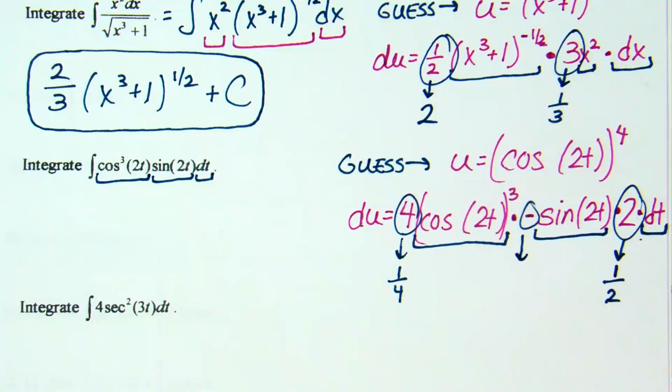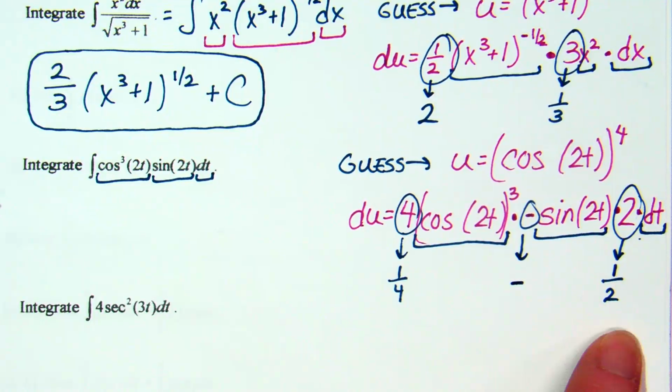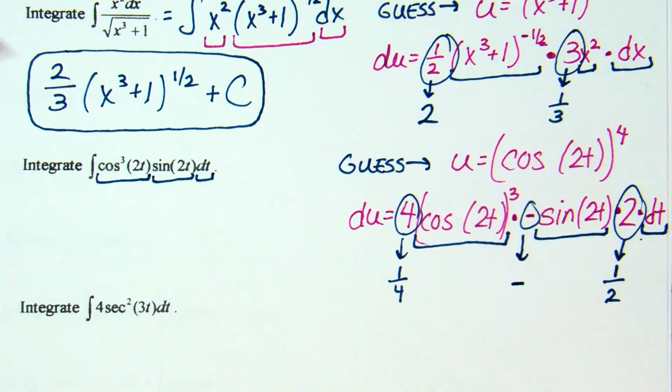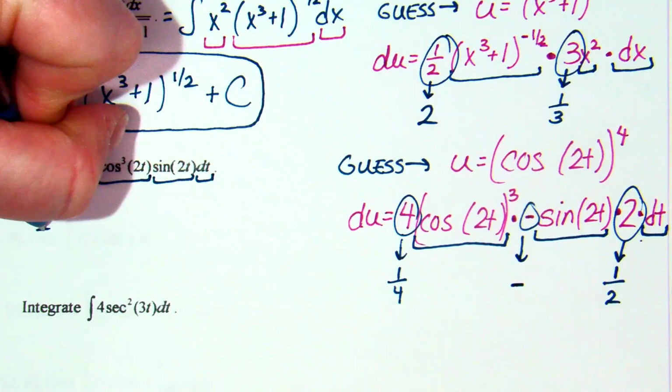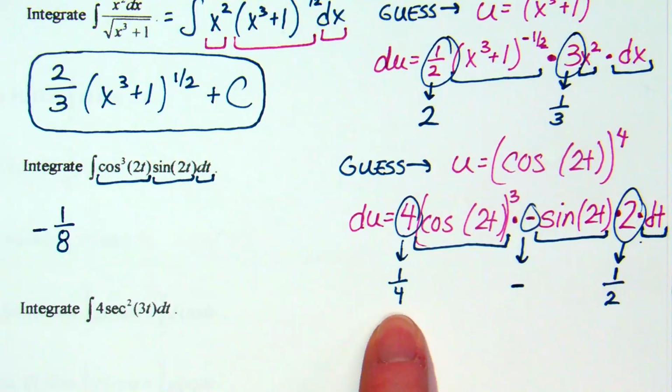Another negative. Okay, so what am I putting out front of my guess here? -1/8. And if you already had the 1/4 as part of your guess, then you're just multiplying the 1/4 by -1/2. So -1/8, what was my guess?